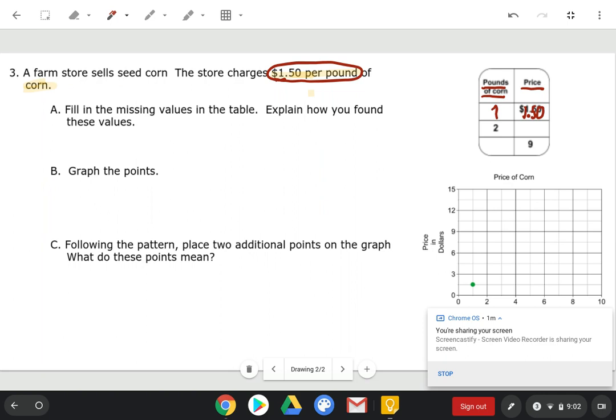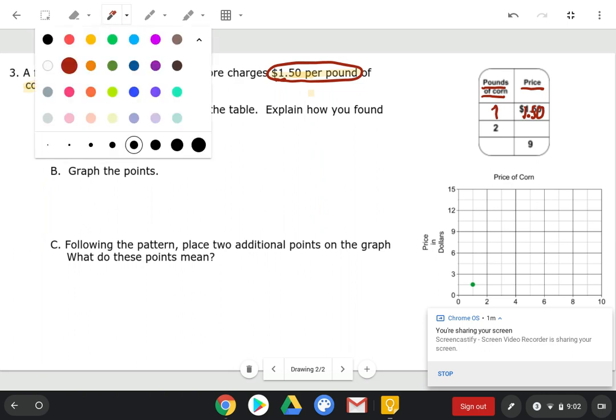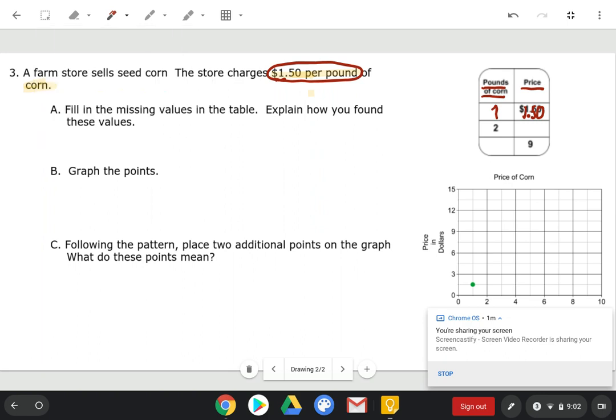Well, let's think. To go from this dollar, or to go from 1 to $1.50, what can we do in terms of multiplication? And the answer to that is we can multiply 1 times 1.5, and that will give us 1.5.